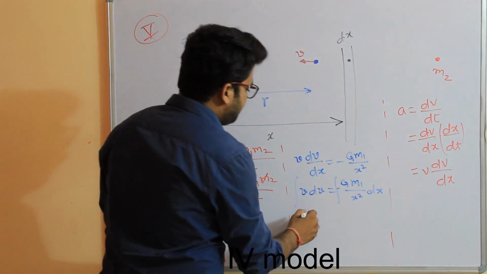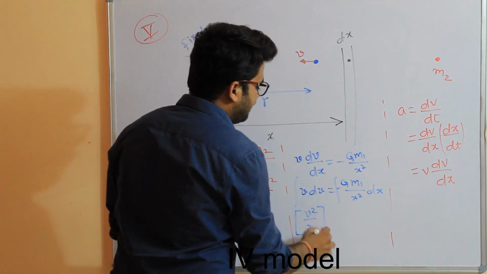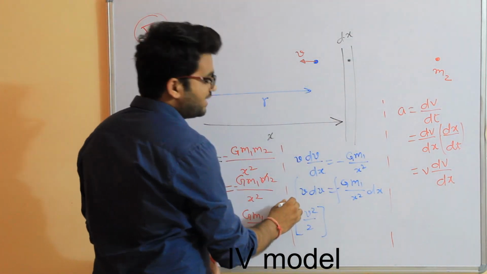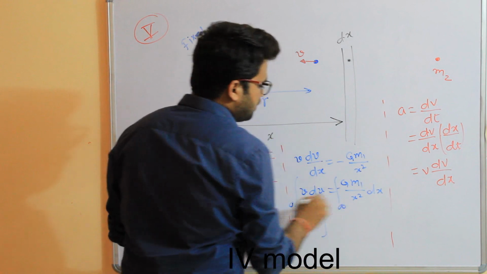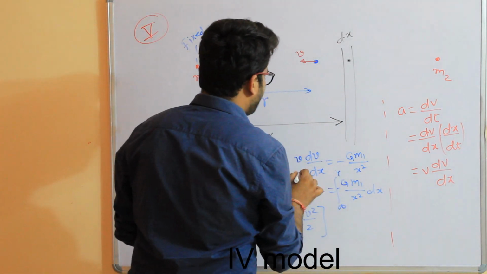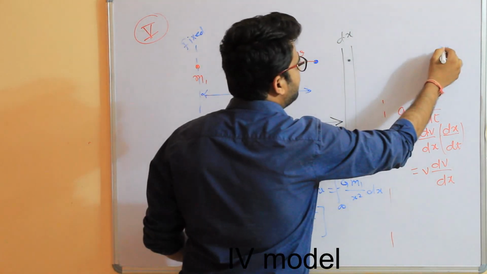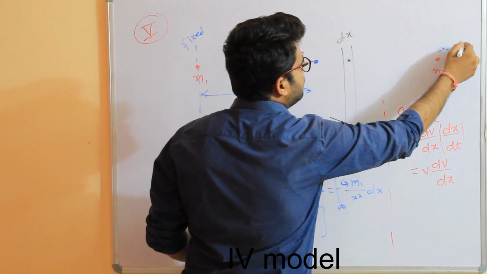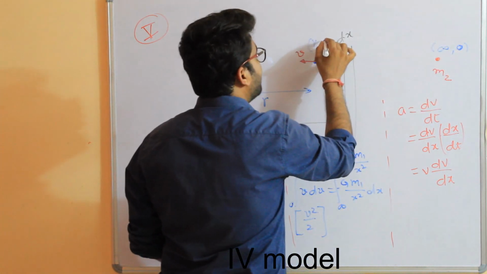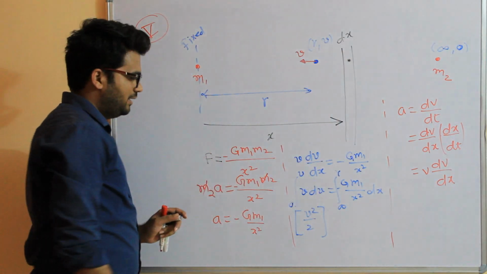It will be v squared by 2, and what is the limit? Initially, at infinity, velocity is 0, and at distance r we have to find the velocity. These are the limits.